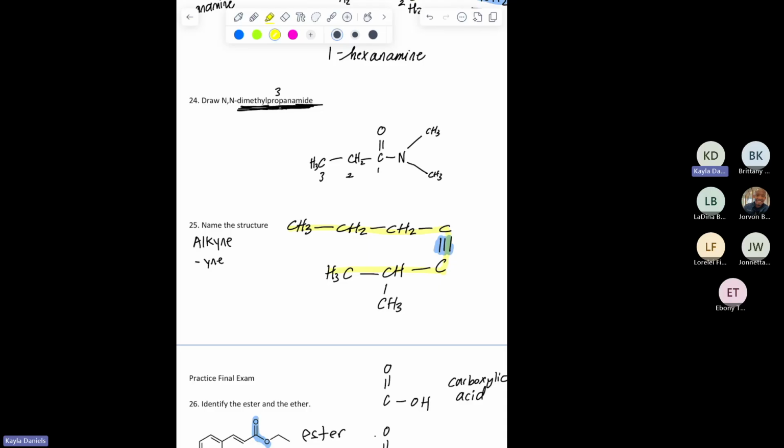I can number 1 through 7, or I can do 1 through 7 backwards. Going backwards puts this triple bond at 3 to 4 versus 4 to 5, so I need to go backwards.